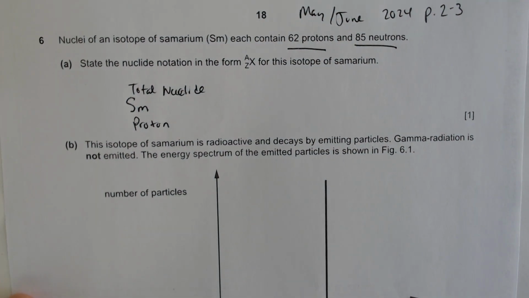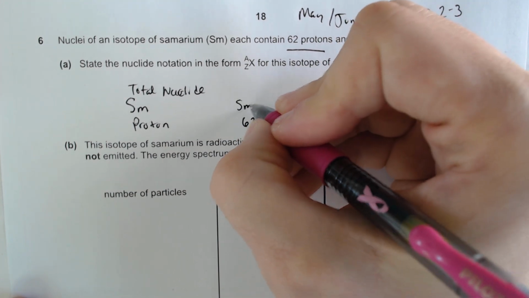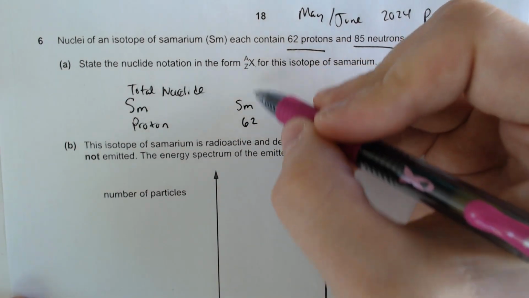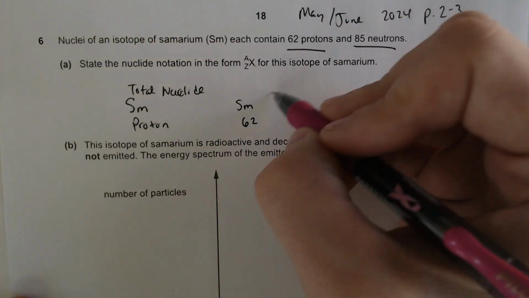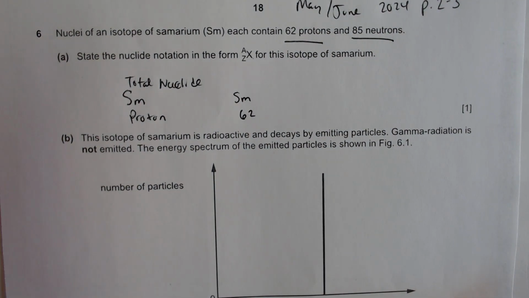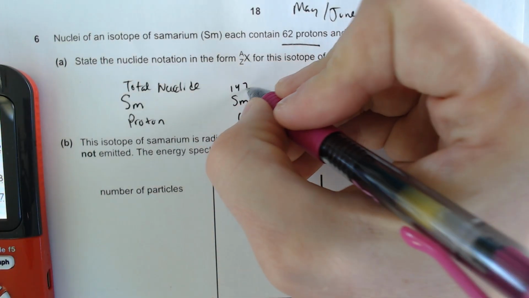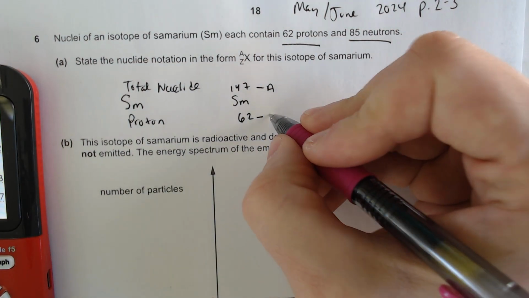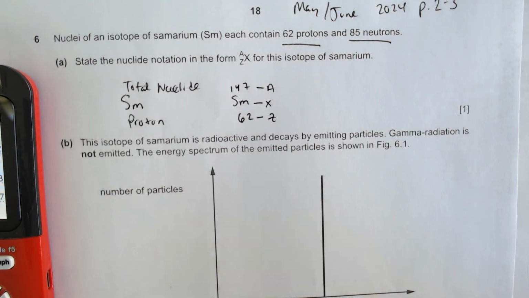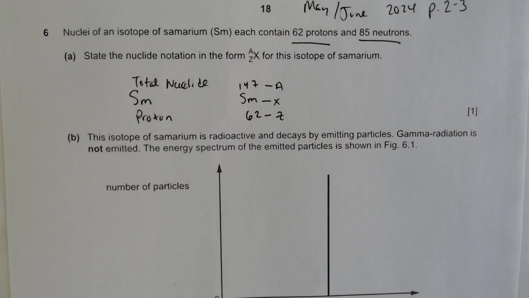So we have in total 62 protons, so this is going to be 62 with the SM, and that would represent the X is the SM, the 62 is the Z, and then the A is going to need to be the total, so you would just have to add up the 62 and the 85, and 62 plus 85 is apparently 147, so the A value is 147, the 62 is Z, and the SM is the X. Okay, that was only a one-pointer, so we don't have to go too far into that.